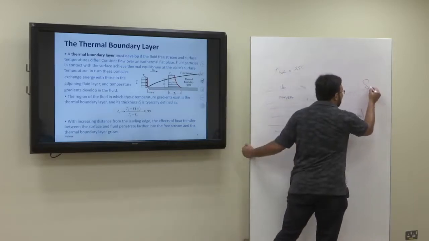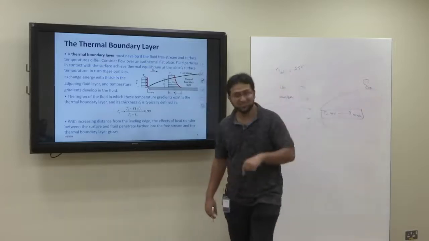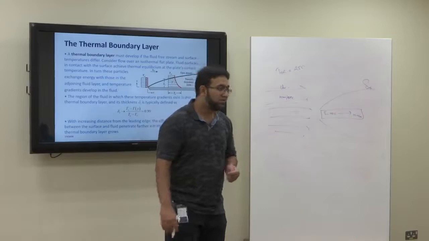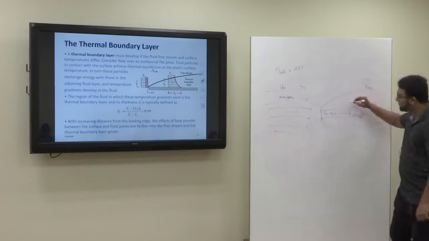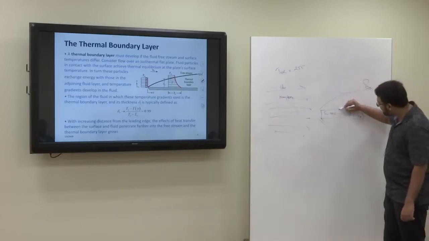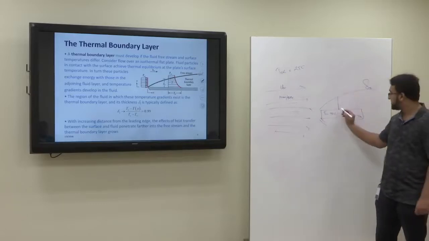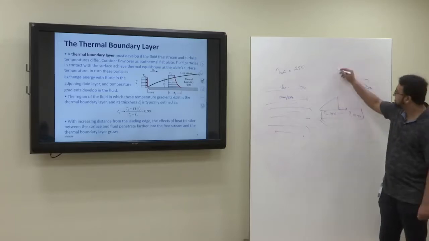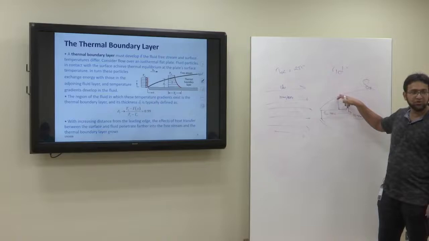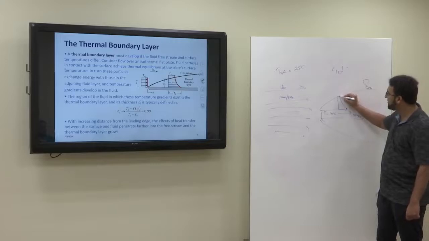It is represented by delta T. If the T was not there, then it was the velocity boundary layer. If the T is there, then it is the thermal boundary layer. And if I want to know the temperature profile at this point, the temperature will be maximum at the surface, say it's 100, and then the temperature keeps on dropping, but it will not become 0. It will become T infinity at the edge of the boundary layer. So it keeps on dropping until it becomes T infinity.